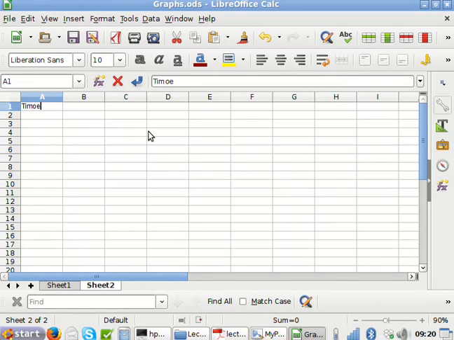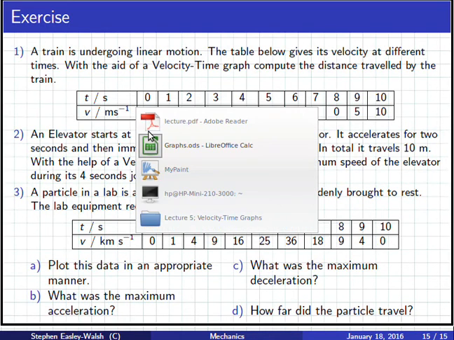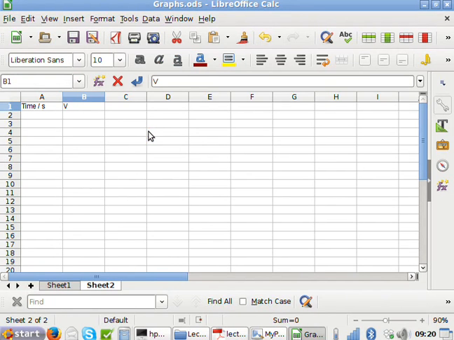Okay. So I wonder if I can save my beautiful graph. File.